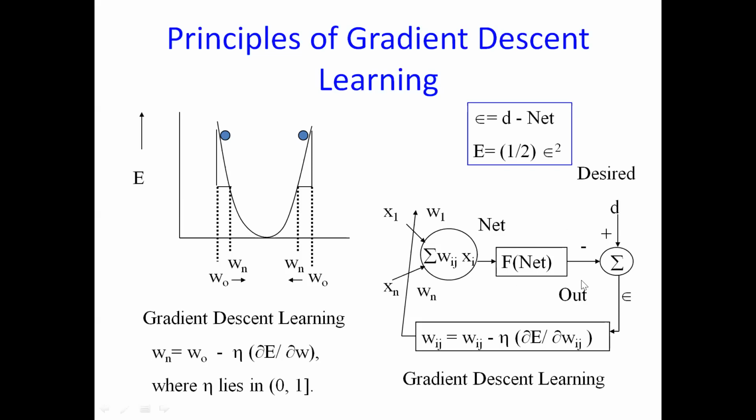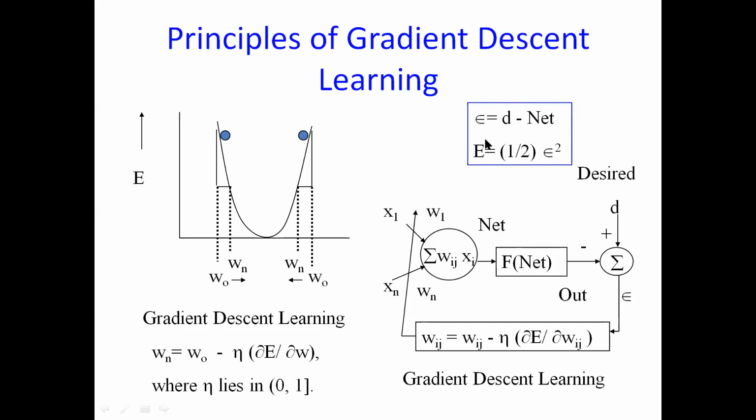Continuously we need to find whether there is any difference between the desired or target and the obtained outputs. If we find any difference, that difference is termed as error. That is why this error is nothing but the desired minus the net output.